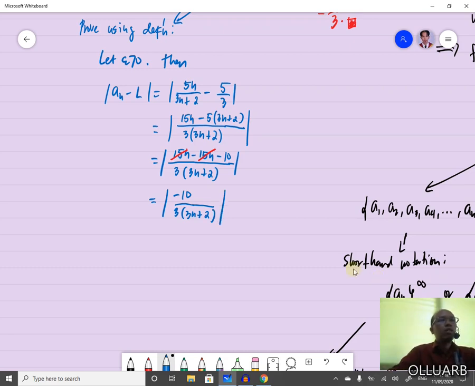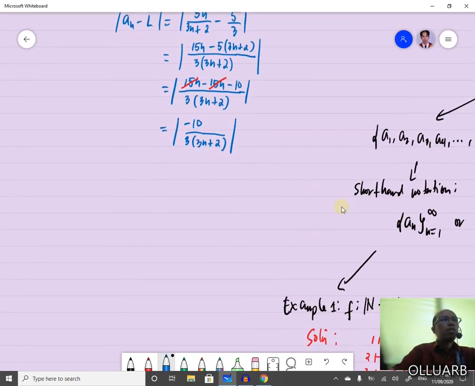Notice that since our n are positive integers, we can remove the absolute value.